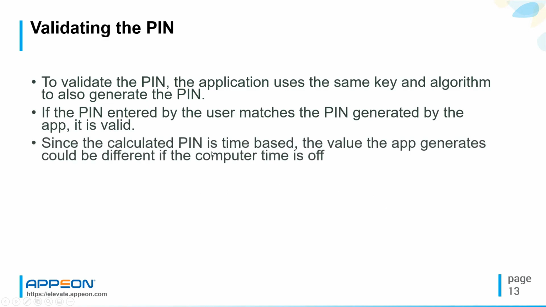Now, the one thing that may be an issue here is that because the PIN is time-based, if the time on the computer that the PowerBuilder app is running on is off by a few seconds, let's say it's off by 30 seconds, you're never going to get a match, or it'd be a lot harder to get a match because this code is regenerated every 30 seconds.